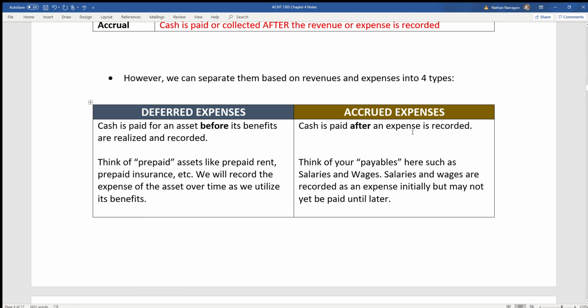Then, of course, accrued expenses is cash paid after an expense is recorded. So as you can see, these are normally assets, these are normally liabilities. And these are going to be payables because, again, we later owe this money, but we have to record the expense because the expense has actually incurred by the end of the accounting period.